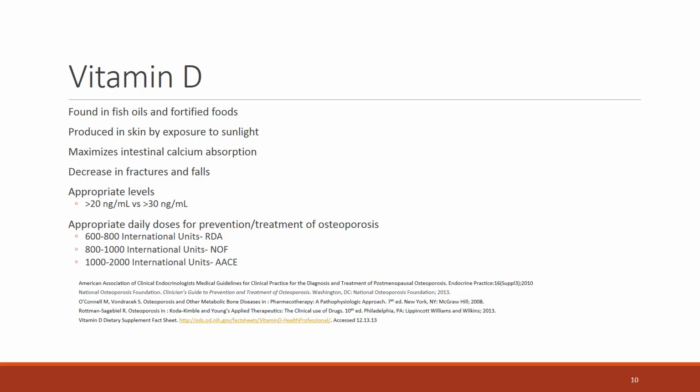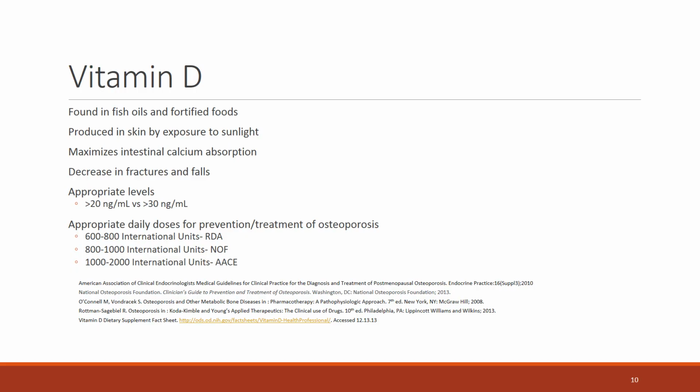There is some controversy in whether the appropriate level is 20 nanograms per milliliter or 30. Some of the lab data will show you 30, 32 nanograms per milliliter, but there are others that will say in some of the studies that have been done that it's the 20, that it's okay, that we shouldn't be treating vitamin D levels unless they go below 20.